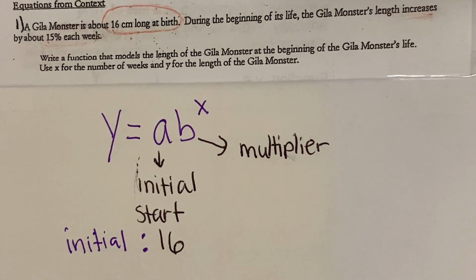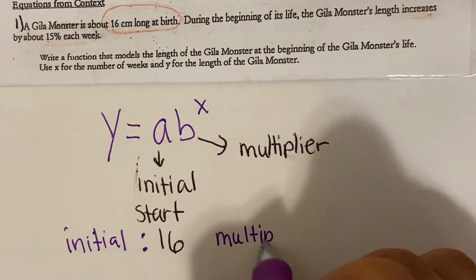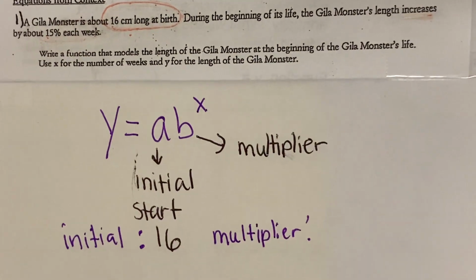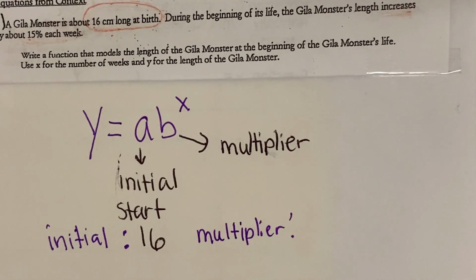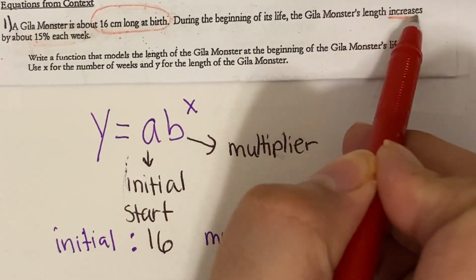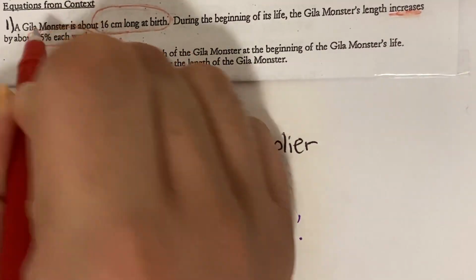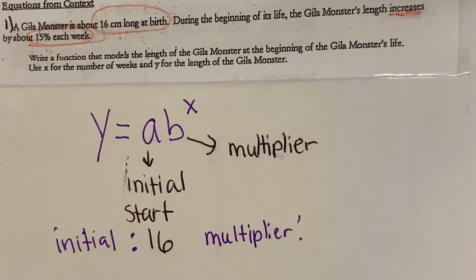And then our multiplier, okay, is going to be, according to this problem, increasing. So our multiplier should be greater than 1 because it says right here, the length increases by about 15% each week.